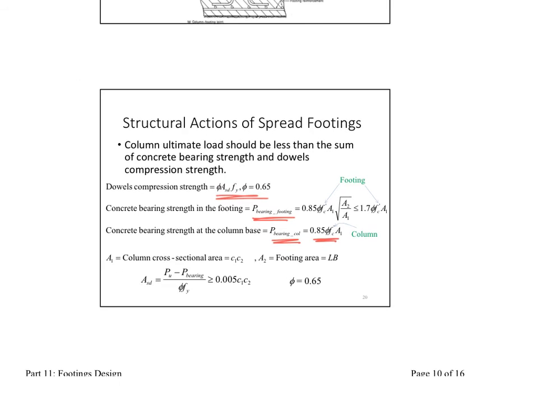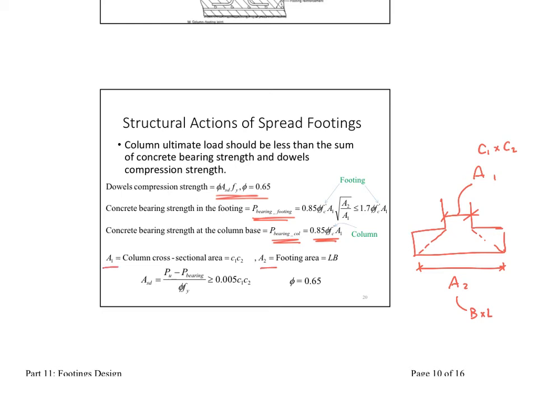Now, the bearing calculation goes like this. If I have something like this, it goes like this. This is going to be area 1, and that here is going to be area 2. So simply area 1 is C1 times C2, and area 2 is B times L. So now we know how to calculate those areas, and then find the area of the dowel and do the check.